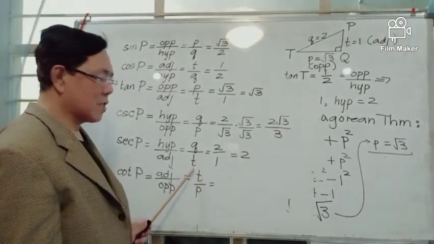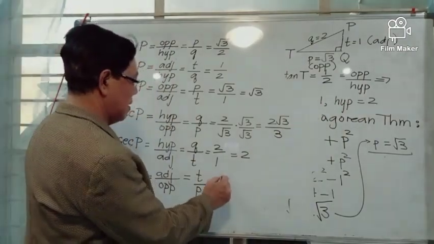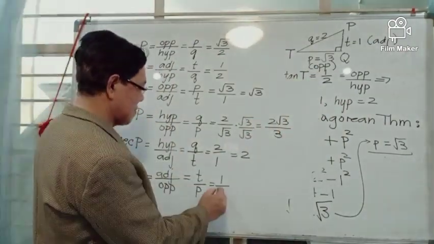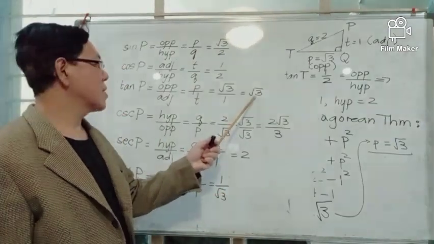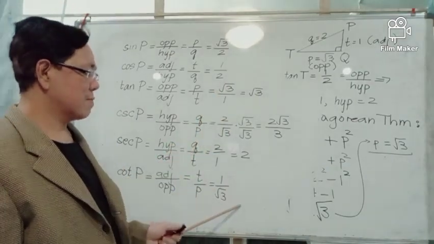We substitute the values of t and p. t is 1 and p is square root of 3, which is the reciprocal of square root of 3, or 1 over square root of 3.